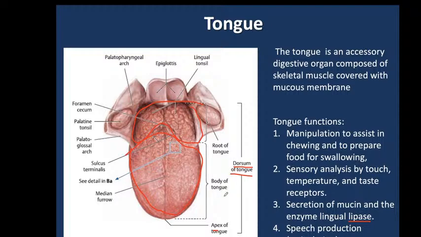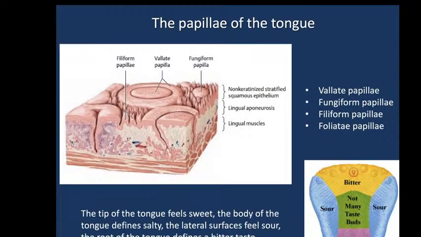And if we take a magnifying loupe and look at the surface of the dorsum of the tongue, we could notice small appendices, small structures, which are called papillae. And this is under magnification. And usually there are four kinds of tongue papillae.